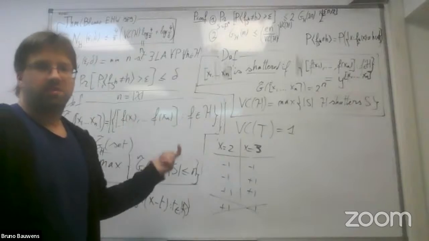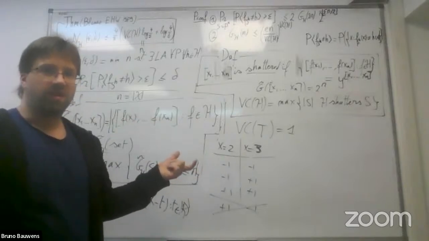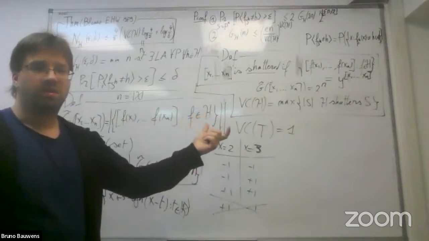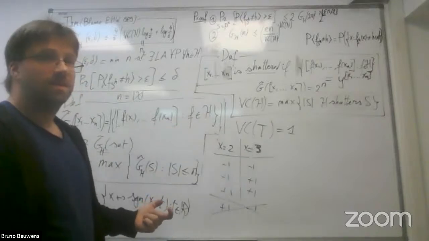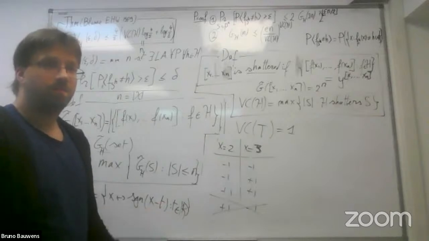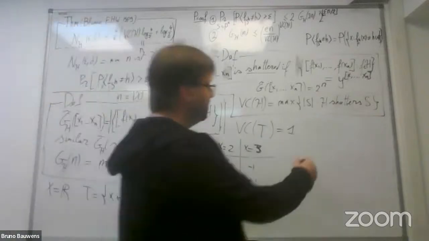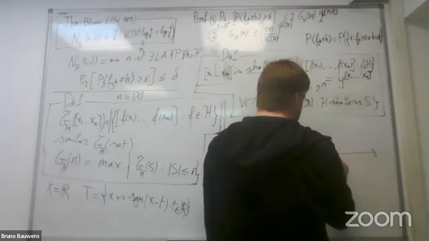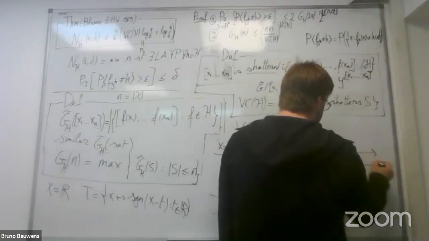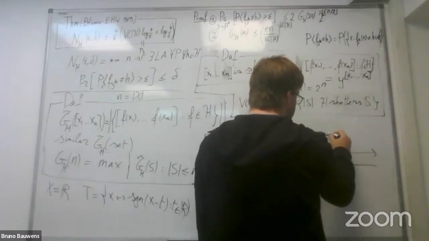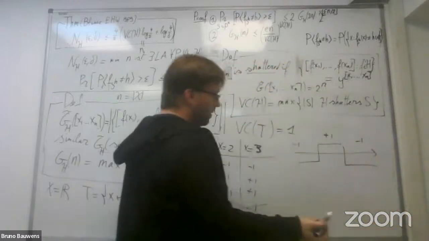Now interval classifiers. So what's the VC dimension for interval classifiers, indicators on an interval? Some classifiers look like -1s, then +1s, and -1s later. Something like this: -1, +1, -1.